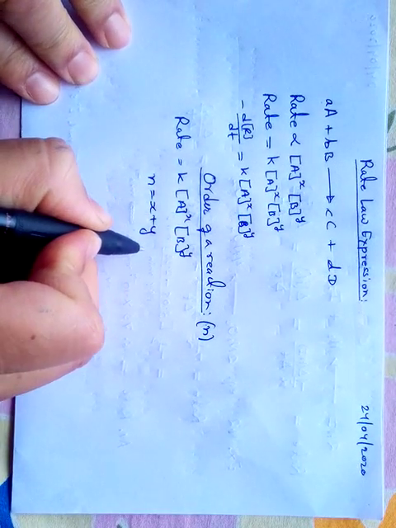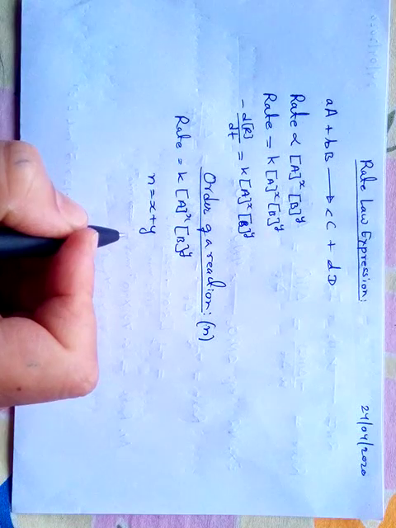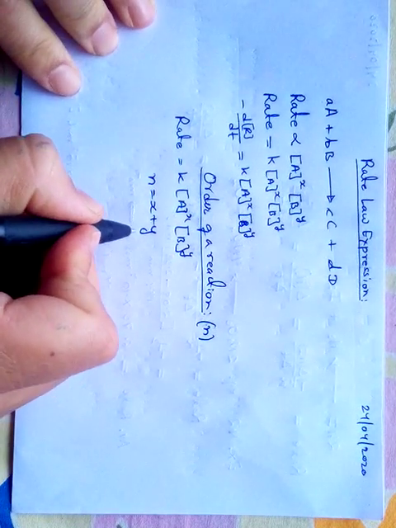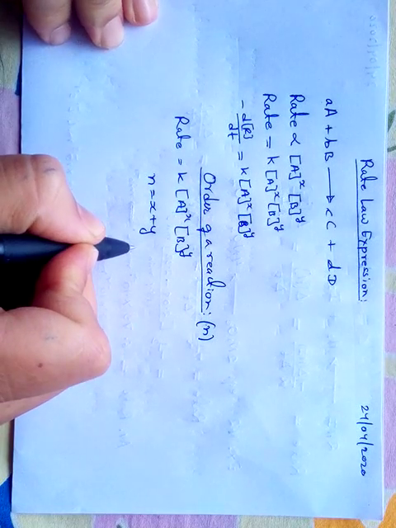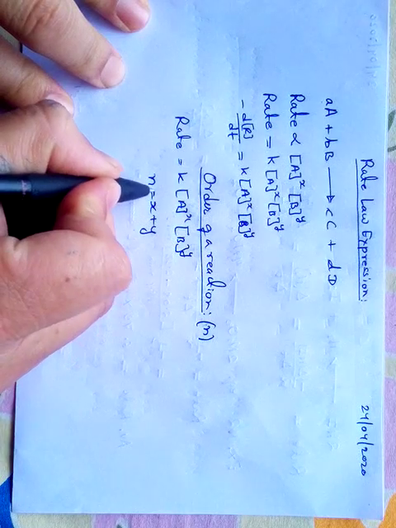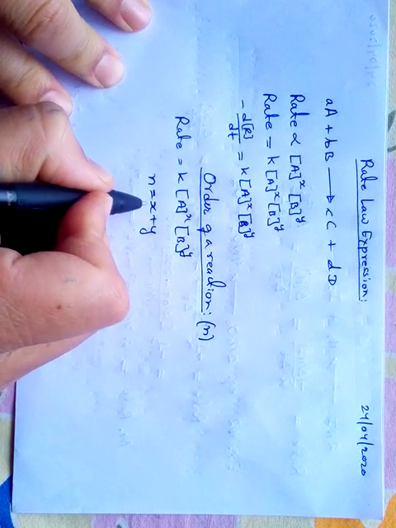So n equals x plus y. Now we have to remember that order can be 0, order can be negative, order can be fractional. So a variety of values can be expected for the order of a reaction.